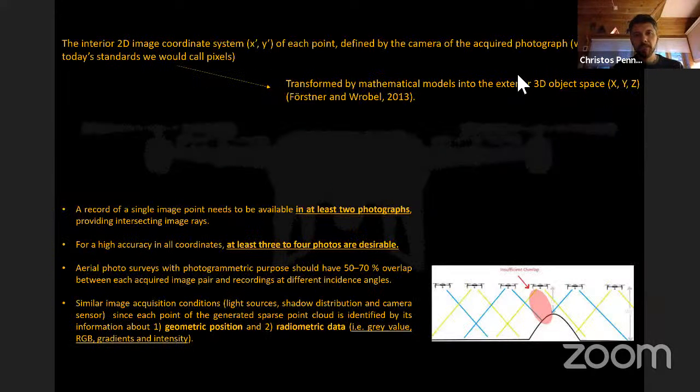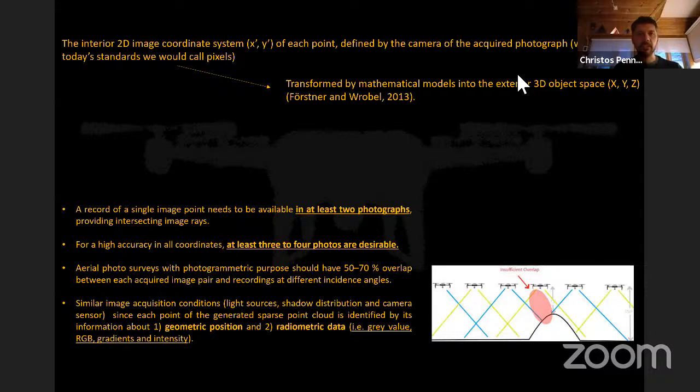Following, let's see what photogrammetry is and what is done when we say that we are applying photogrammetric means. What we are trying to do is to correlate the 2D image coordinate system of each point that is defined by the camera of the acquired photograph. By that, in today's standard, I mean the pixels.